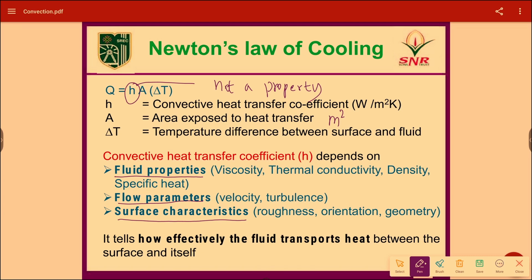A circular surface will have a different value of convective heat transfer coefficient compared to a flat surface. So all these parameters have a major role in deciding this h, which has a major role in the value of heat transfer.